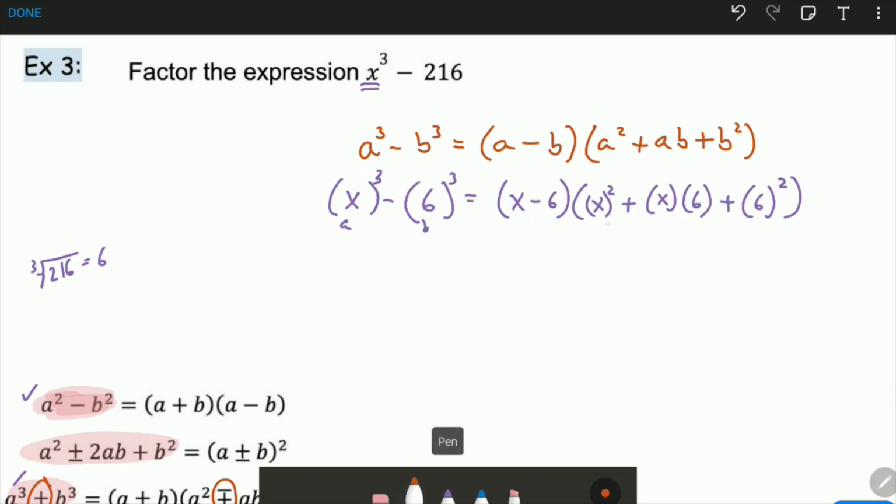And because there are parentheses, I'm going to want to simplify this factor a little bit. So my x minus 6 won't change, but the x squared will be x squared. X times 6 is usually written as 6x, and then 6 squared is 36. And that would be the factored form of this expression.